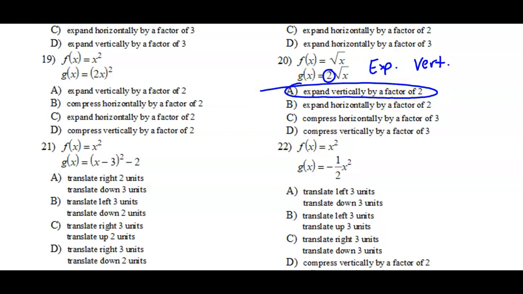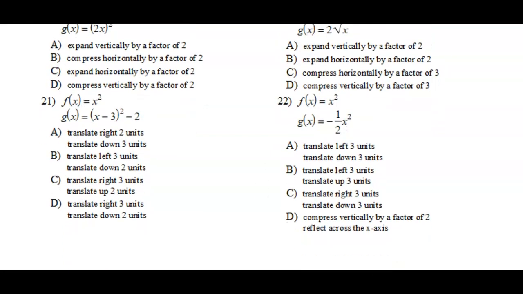All right, let's go ahead and take a look at 22. Now 22 has multiple transformations on it. Well, it has more than one anyway. So first of all, we're multiplying by a number that is smaller than 1 outside the parentheses. So since it's outside, it's vertical. And since it's smaller than 1, it's going to be a compression.